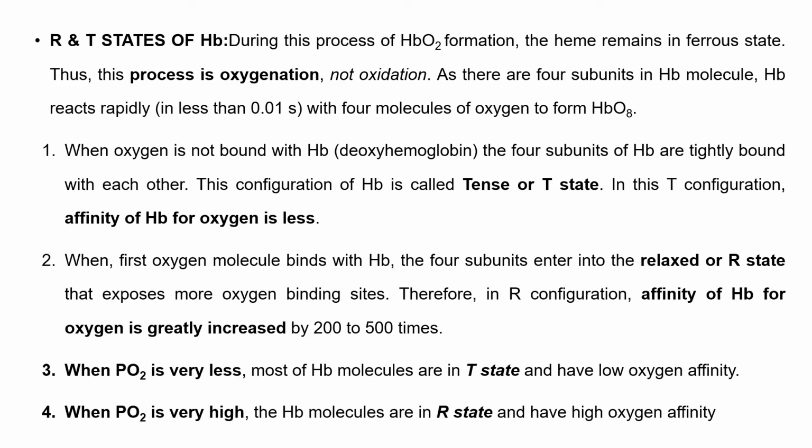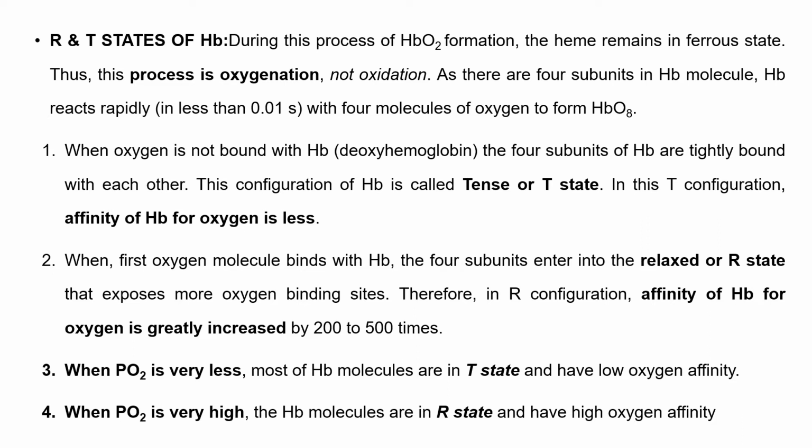Thus, the process is oxygenation, not oxidation. As there are 4 units in the hemoglobin molecule, hemoglobin reacts rapidly, in less than 0.01 second, with 4 molecules of oxygen to form HbO2.